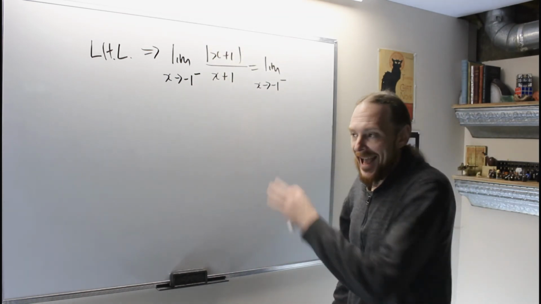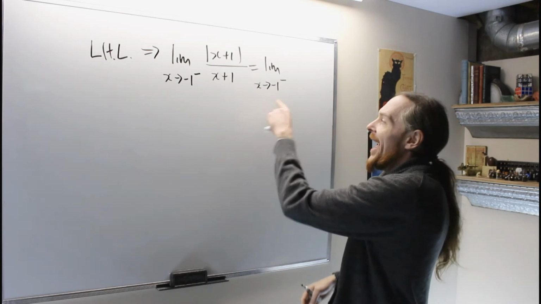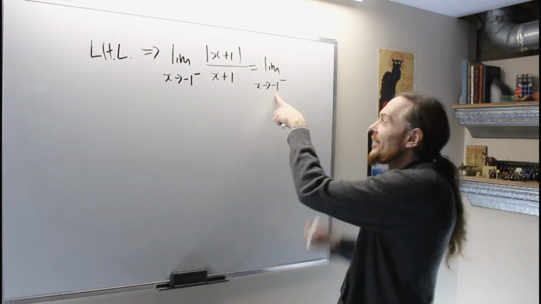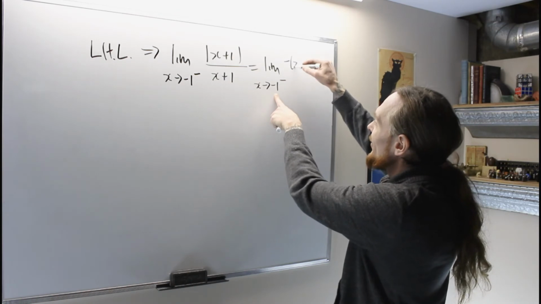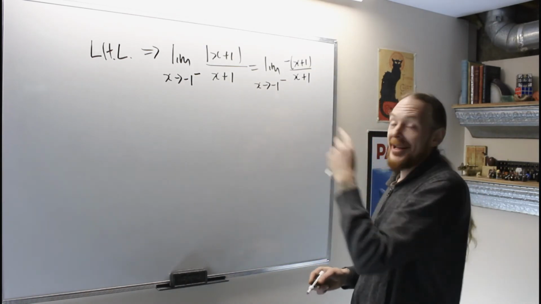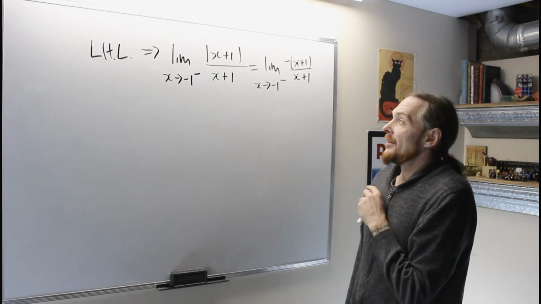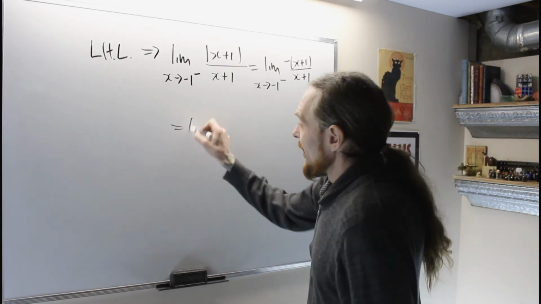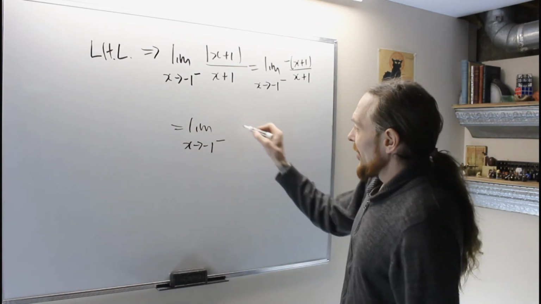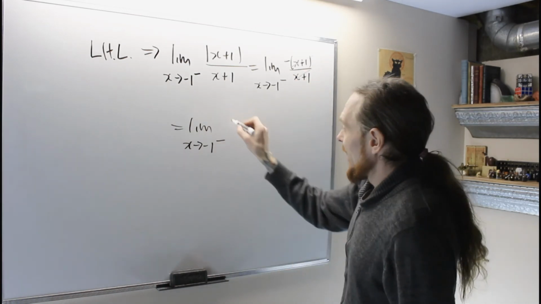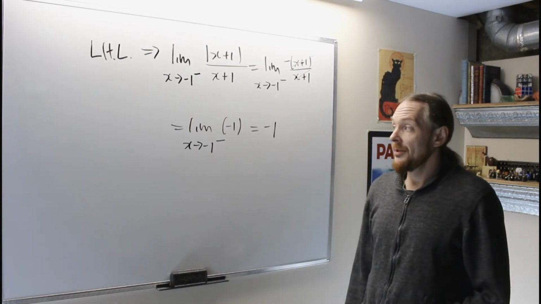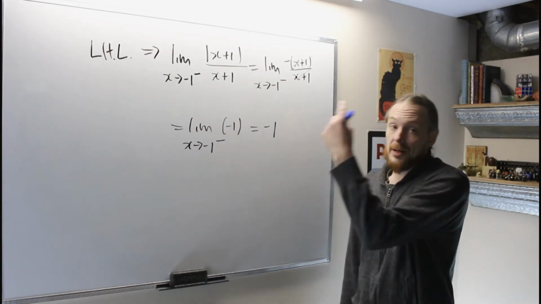As I approach -1 from below, I know my function is just equal to -(x plus 1) over x plus 1, because I already analyzed. And that will equal the limit as x approaches -1 from below. There's a lot of negatives going on. These cancel and I get -1. So this is just -1. It's a constant function, so the left-hand limit is -1.